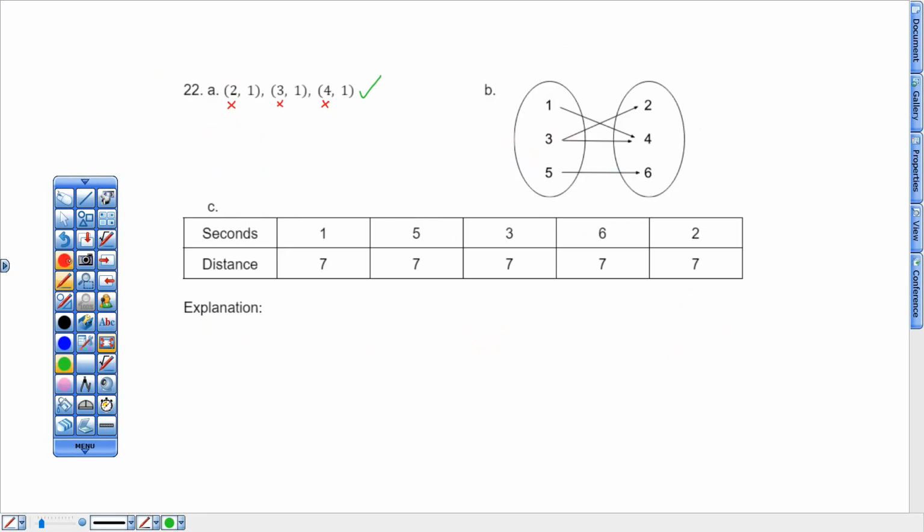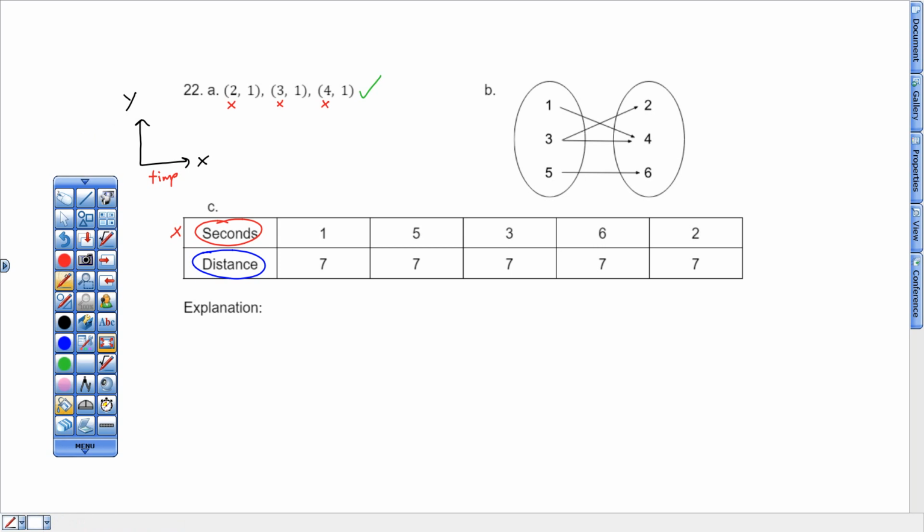If I look at this, seconds and distance, the way we set up our graphs, our x-axis, that's going to be our time. So these are my x numbers. My distance for our graph, that's going to be my y number.